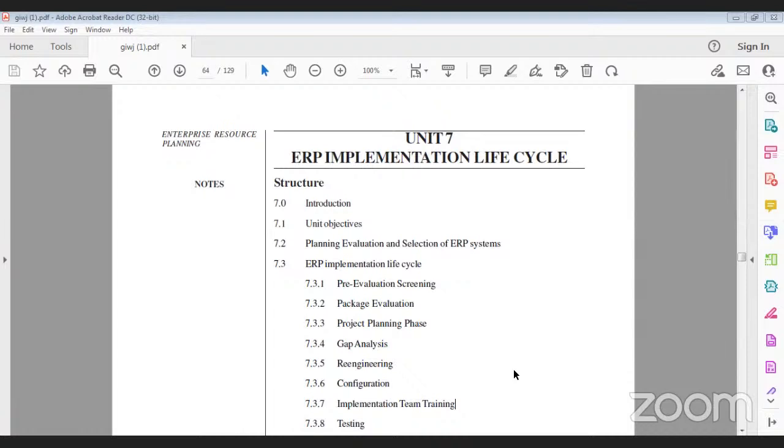Point number 7.4: in many conditions, existing commercial activities are not legitimately characterized, as no as-is flow outlines of the present procedure are accessible. Third, ERP's use could be an extraordinary event to evaluate and improve present commercial forms also.